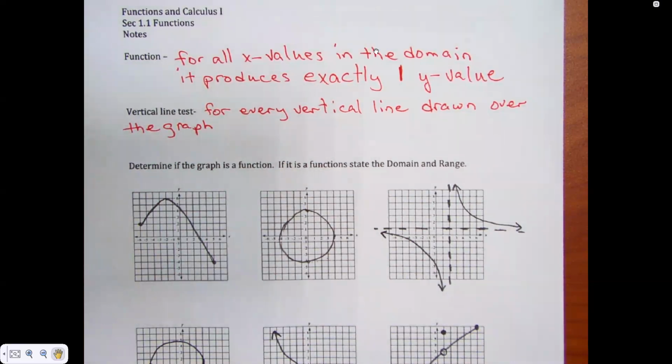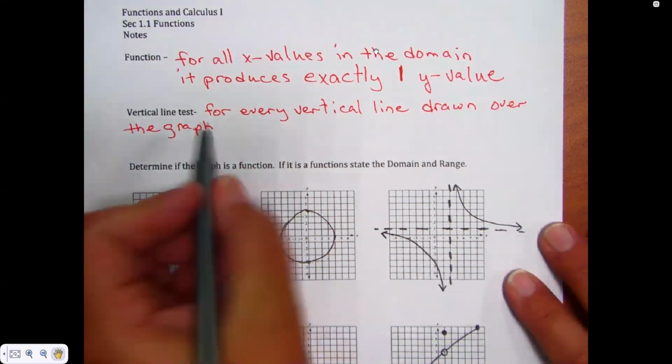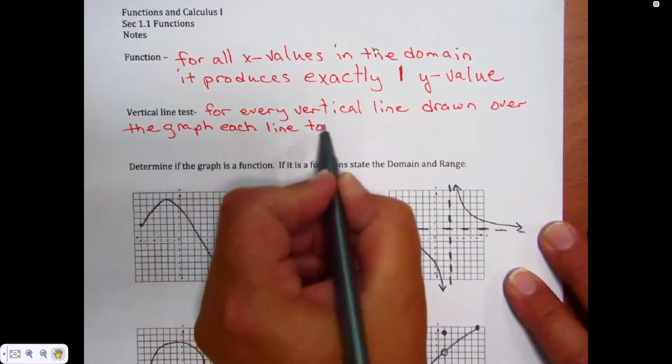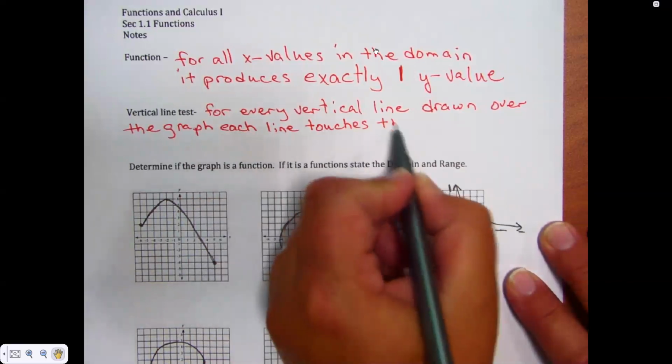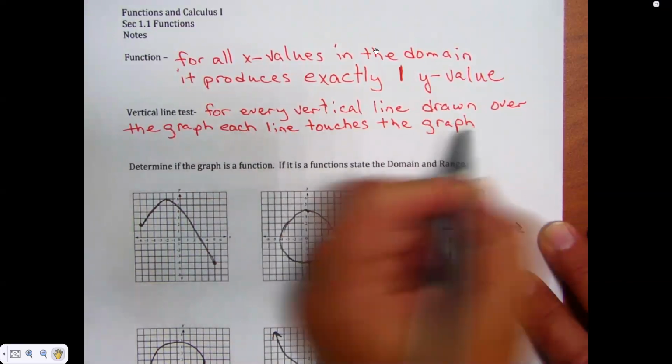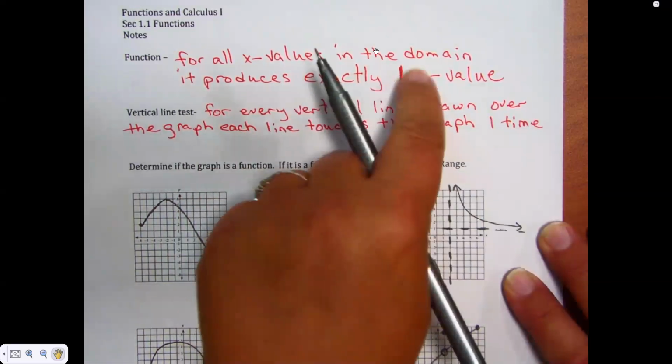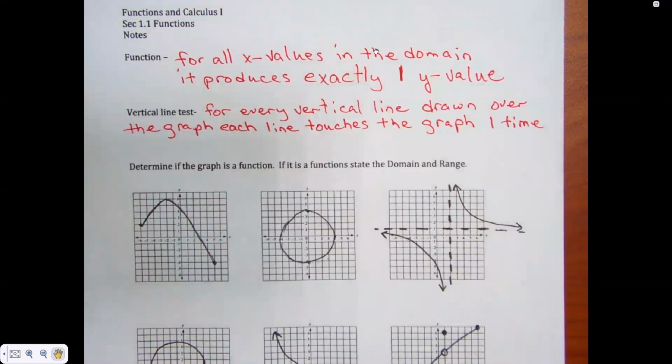So you're checking for y values. That one time is the one y value. If there is no graph there, then we don't even care about it, we don't even draw the line.